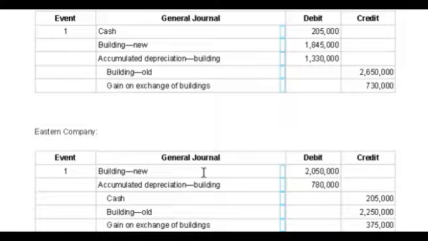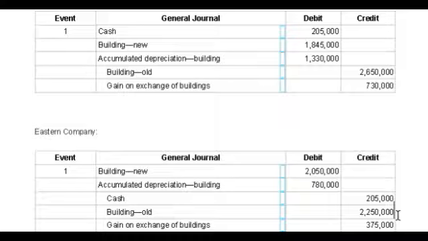So 1.845 million plus 205,000 makes 2.050. This is the new building's cost. And what else do you have to do? Well, this company paid 205,000 cash. So cash needs to be credited.